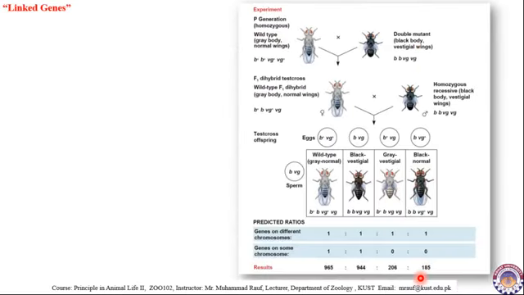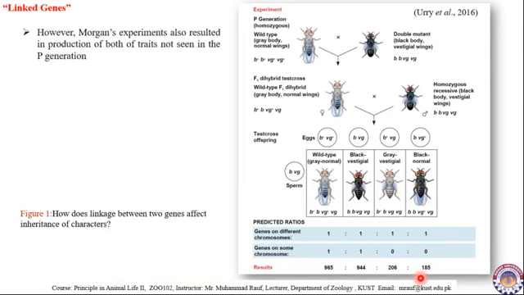Here is another illustration of the experiment. Morgan's experiment also resulted in production of combinations of traits not seen in the P generation. They are talking about these two.